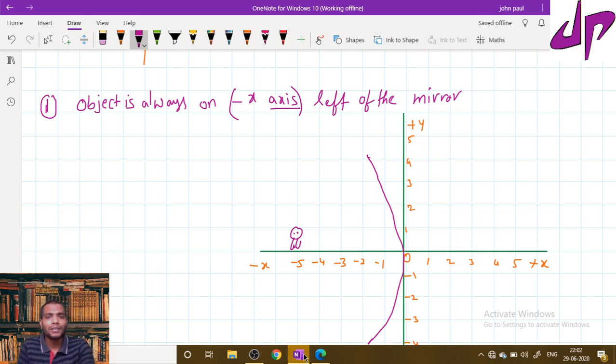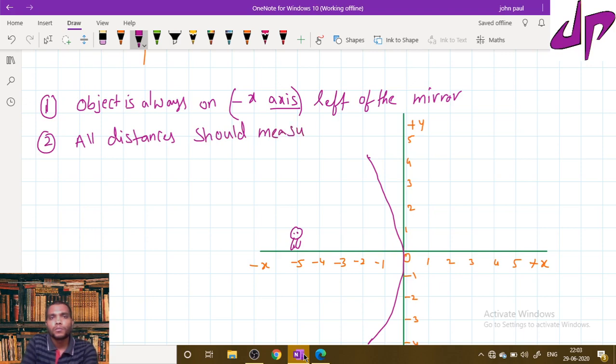Now I have to say where the object is, so I have to measure its distance. The distances should always be measured from the pole.